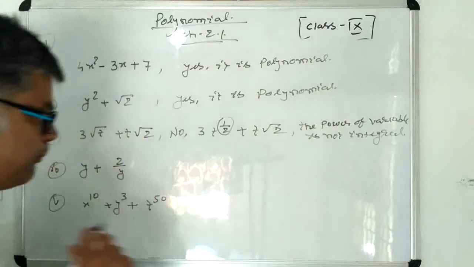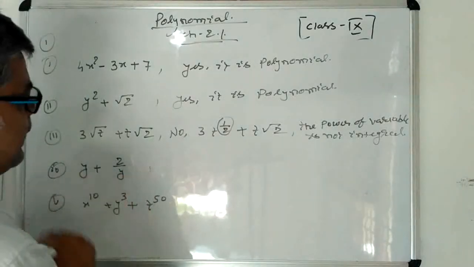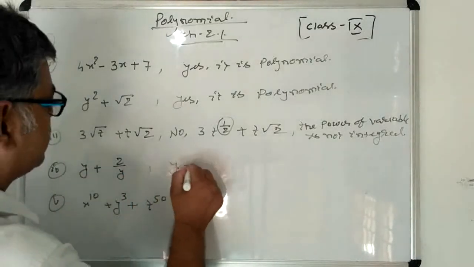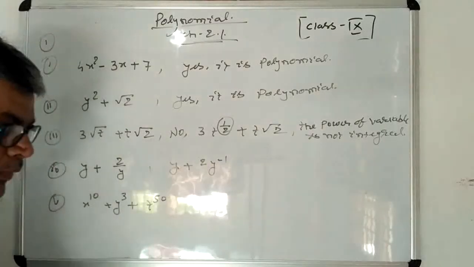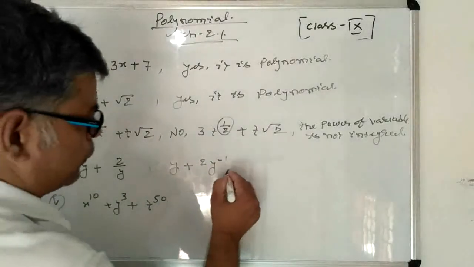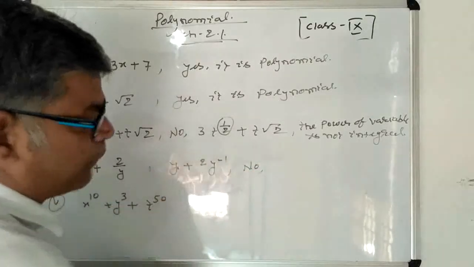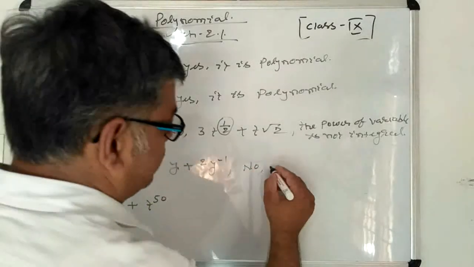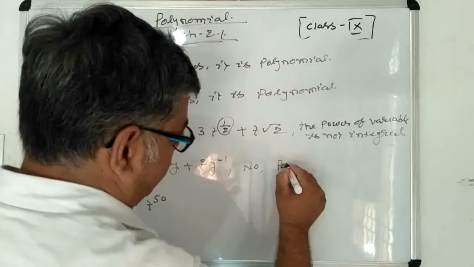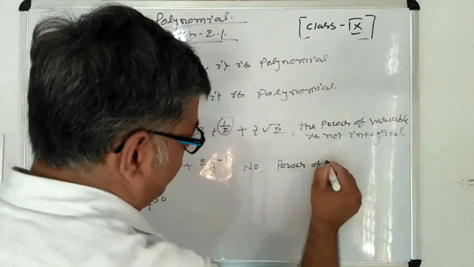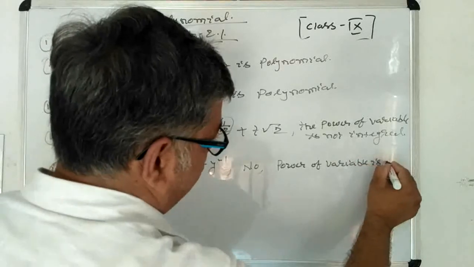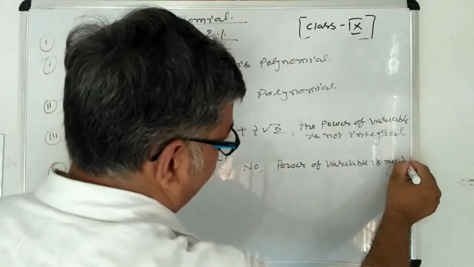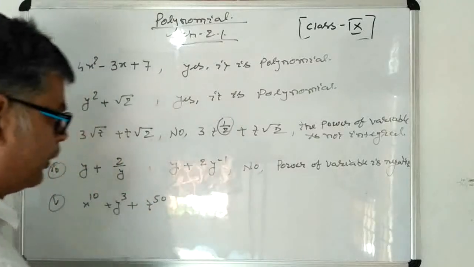That's why it is not a polynomial. Now in the next case, y plus 2 by y can be written as 2y raised to power minus 1. So this is also a case of not a polynomial because the power of the variable is negative. That's why it is not a polynomial.